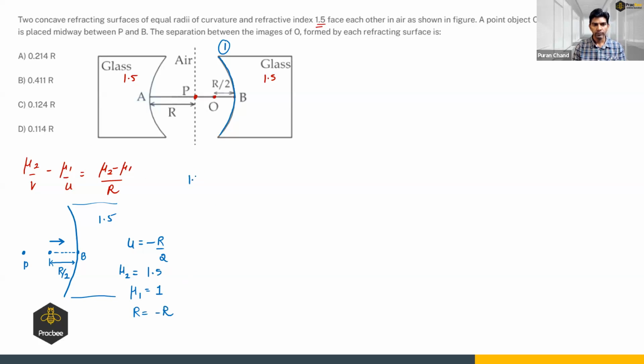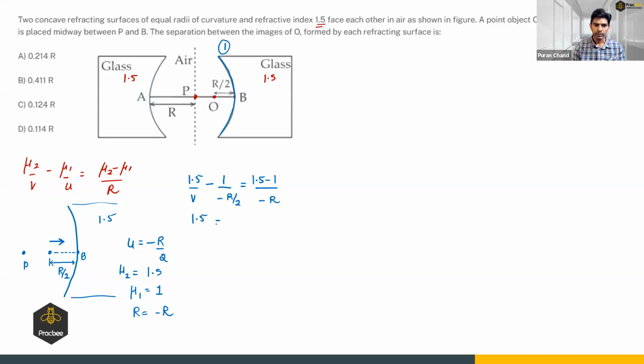So mu2 is 1.5 divided by V minus 1 divided by U, which is minus R by 2, is equal to 1.5 minus 1 divided by minus R, right? Okay.